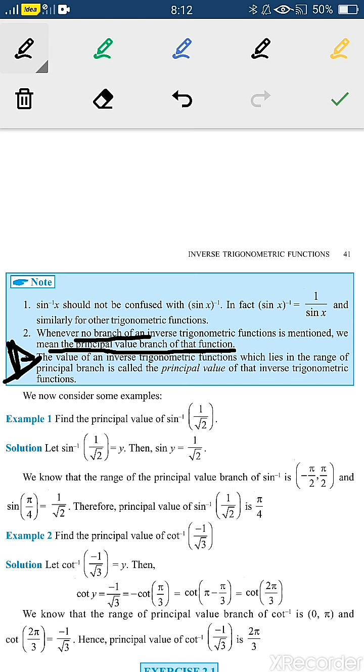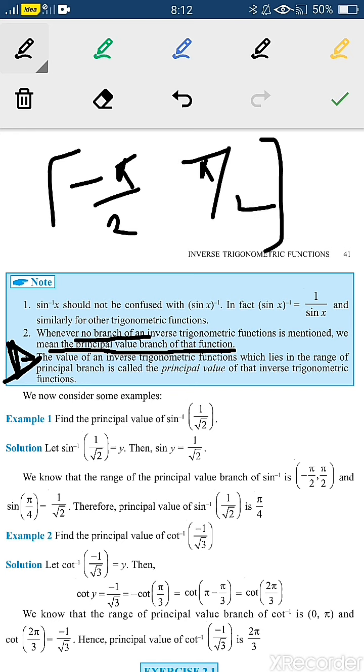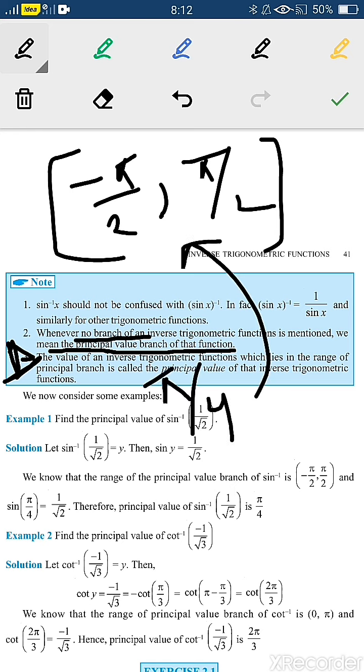I know you do not understand what the principal value is. It is the value of an inverse trigonometric function which lies in the range of the principal branch. Suppose, what is the range of sine inverse? The range of sine inverse is the closed interval -π/2 to π/2. Now if I take π/4, I know that π/4 lies in this interval.